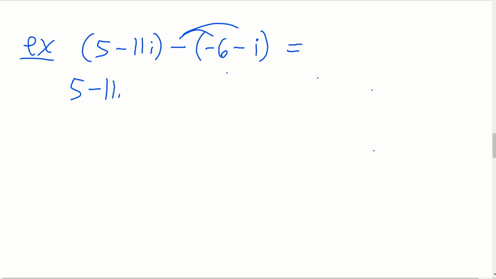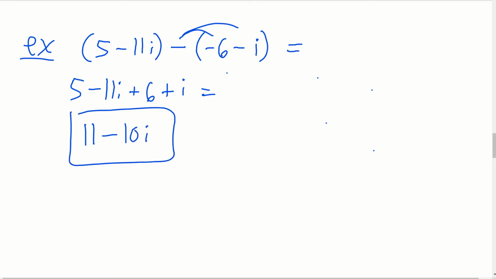We have 5 minus 11i, minus a -6 will become +6, minus a -i will become +i. Now we can combine the real parts. 5 plus 6 is 11, and -11i plus a +i will give us -10i. And that would be our final answer, in the form a plus bi. This is a complex number whose real part is 11, and whose imaginary part would be the coefficient negative 10.